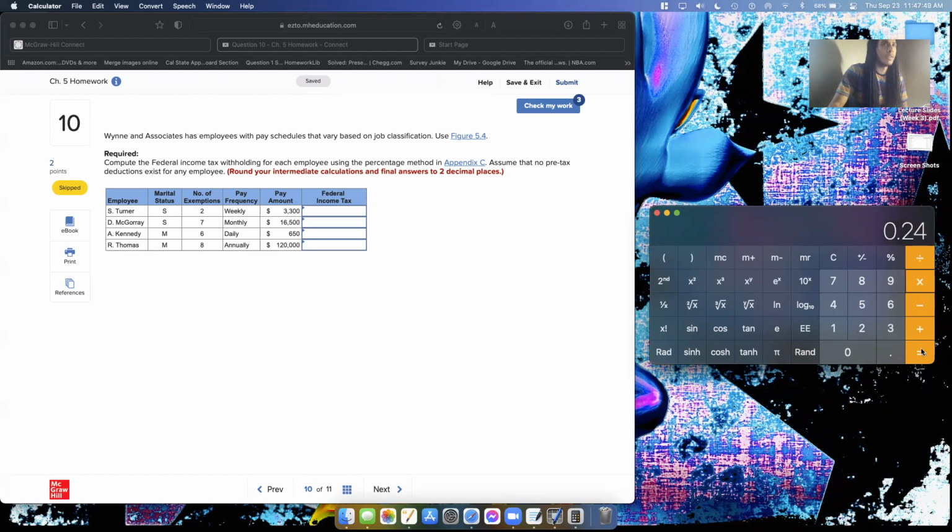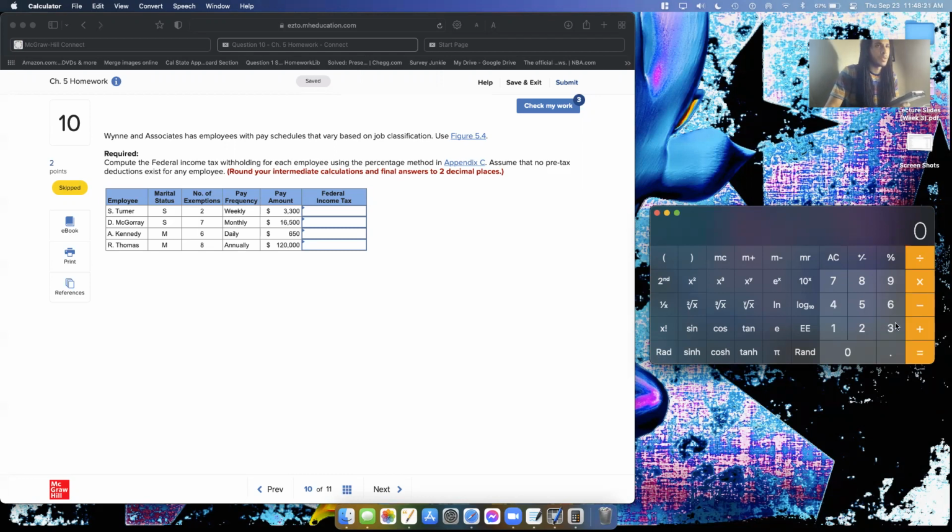So if we multiply that, that means we get... if we round this to 2 decimal places for currency's sake, you're going to see that this is $347.62. So all you need to do is round. Hold on one second. Let me make sure I did that right.